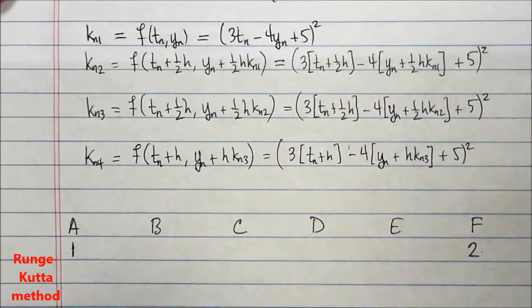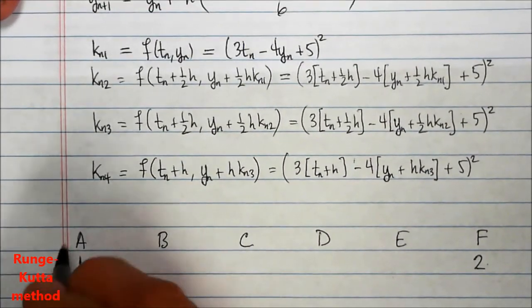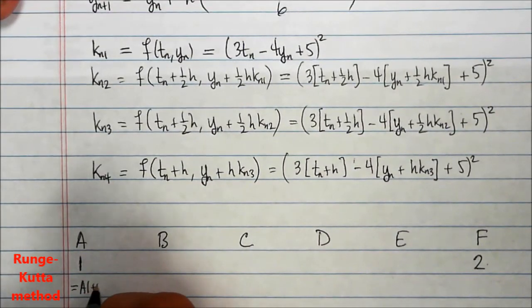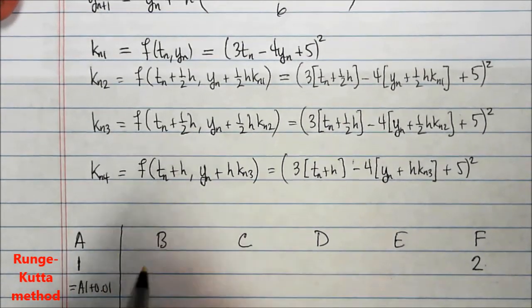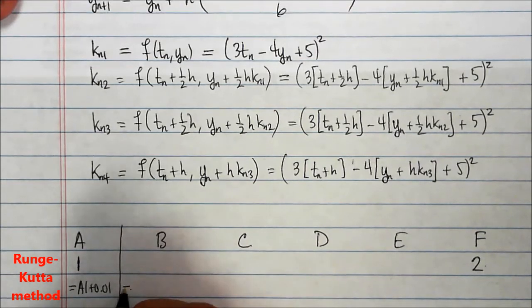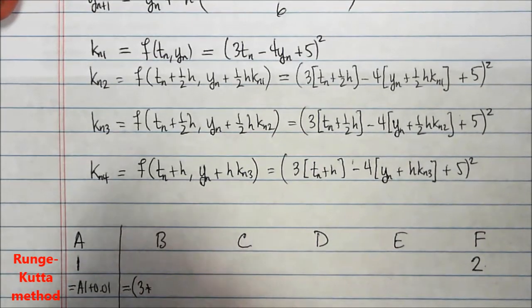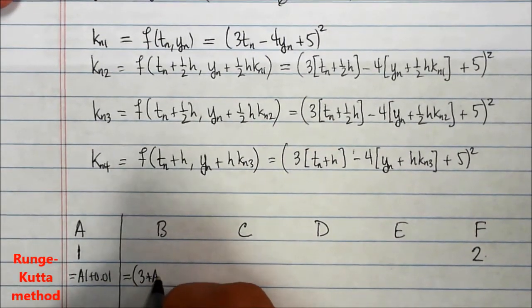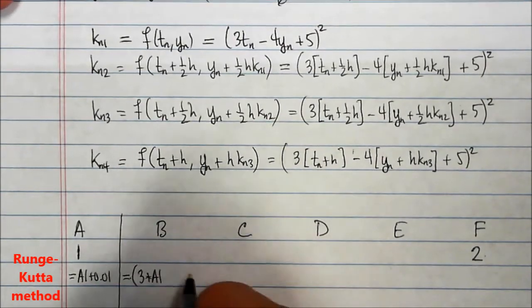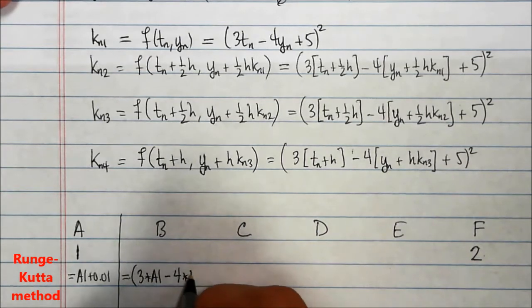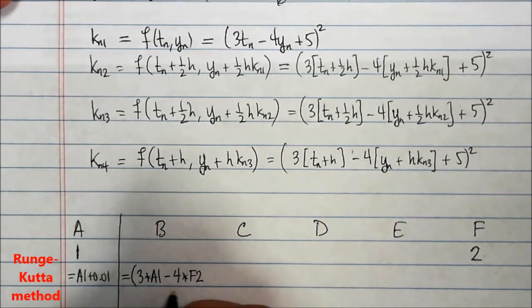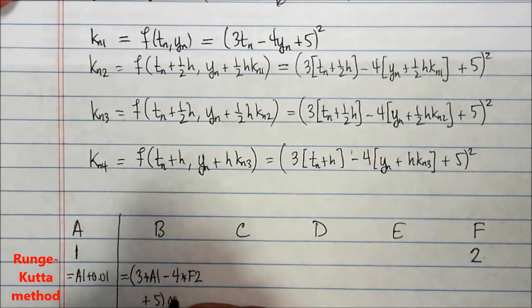So taking these one at a time, the t value will just increment by 0.01. Then the B value here is going to be equal to 3 times the previous t value minus 4 times the previous y value plus 5 squared.